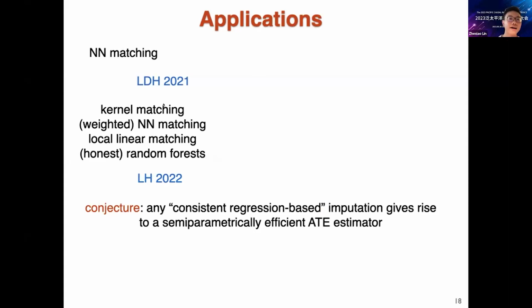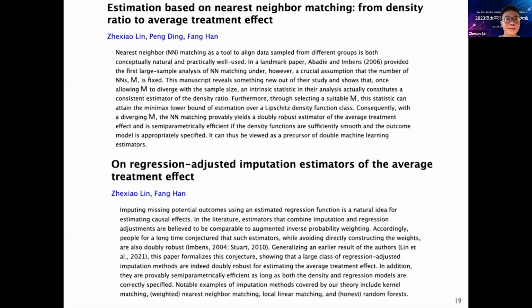In this paper we prove the key identity I just introduced separately for each matching estimator. Providing a general routine to prove this identity would be very difficult and is left for future work. So the talk is based on 2 papers.